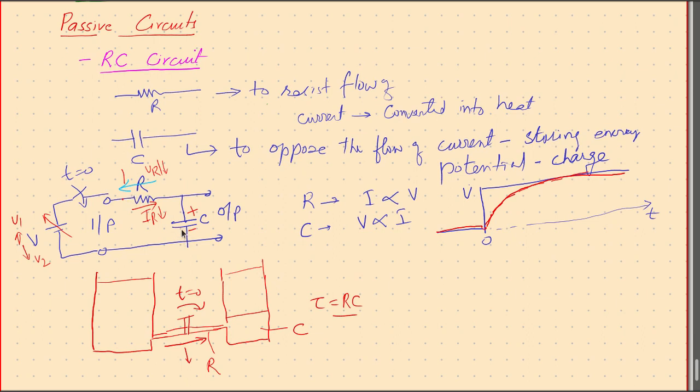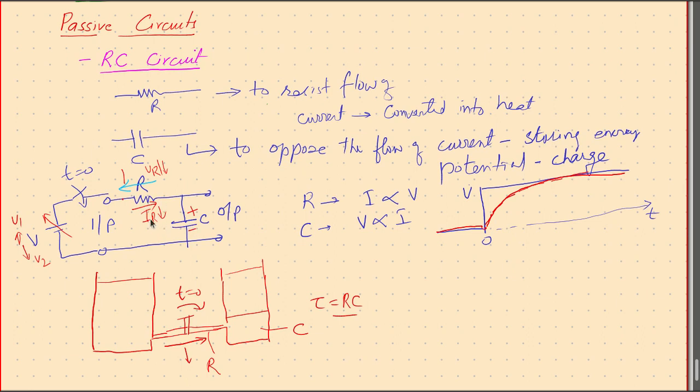That means the excess negative charges which are collected on this plate return back to their original place, and hence this voltage keeps reducing, and when this becomes V2, the voltage across these two is 0, and hence current stops. So this will get into equilibrium when this goes to V2.